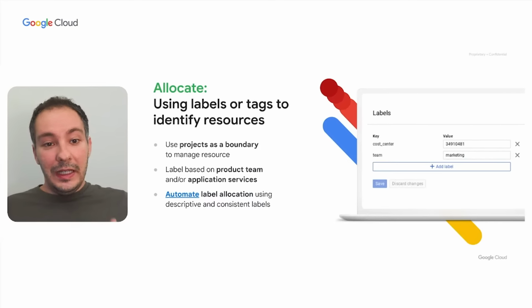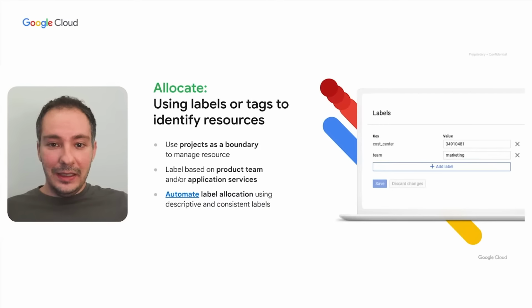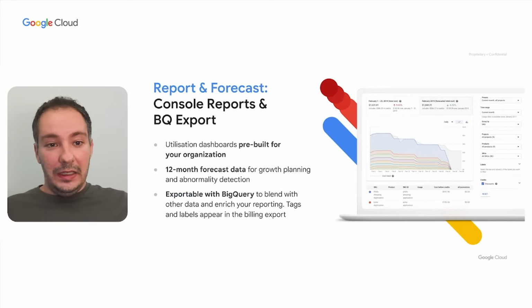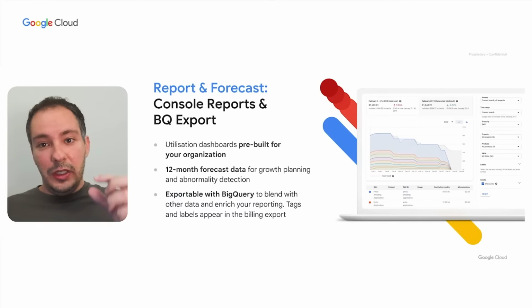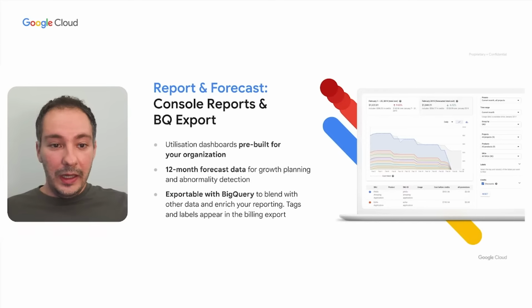So you can work with labels or tags. Inside the resource, you can allocate the resource to a specific label, and then later, when you check the report and forecast, you will see that specific costs came from a specific area. And you have all of this inside Google Cloud Platform.